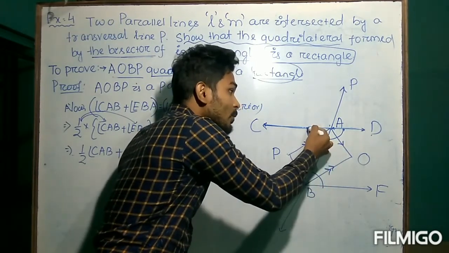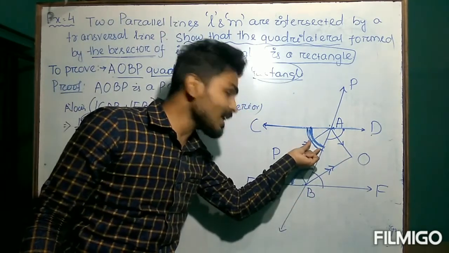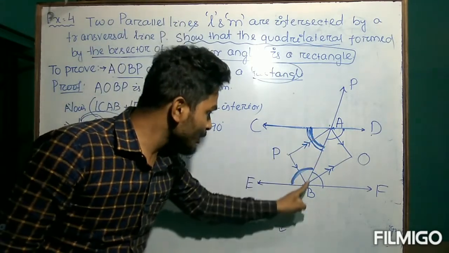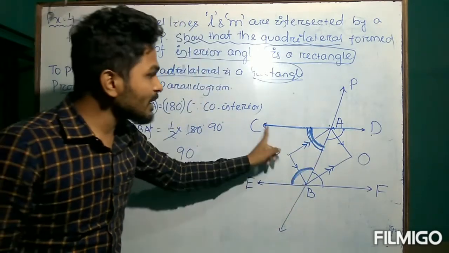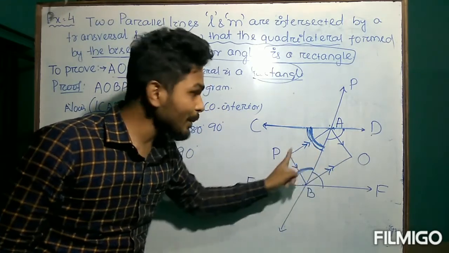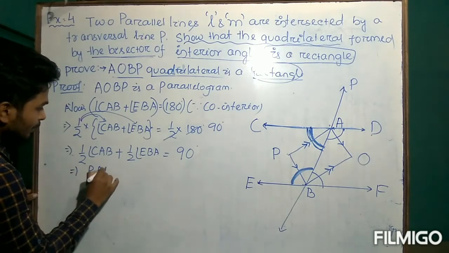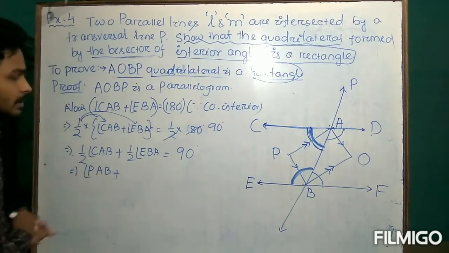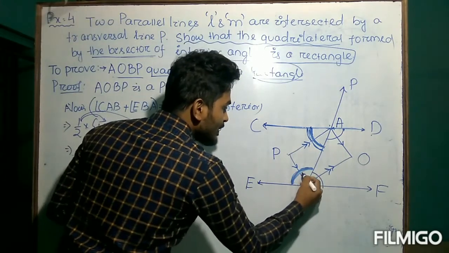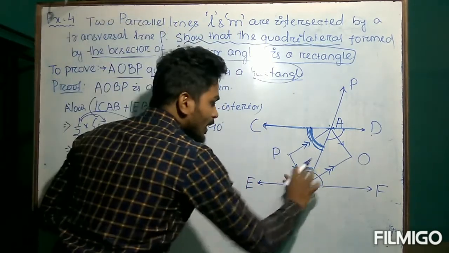So whenever we find the half of the total angle, we can write this angle only. Yes or no? Yes. So we can write PAB angle. In the place of half CAB, we can substitute this angle, PAB. So we can write PAB plus. Now half of EBA is the total angle, and half of it we can write as this angle, because PB is the angle bisector of the total angle.